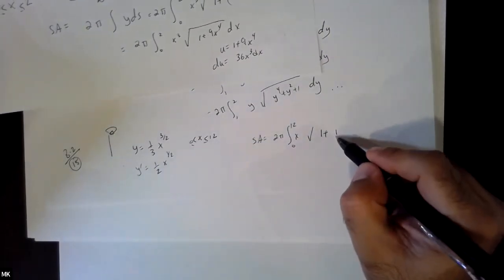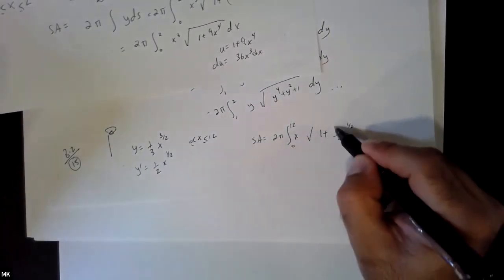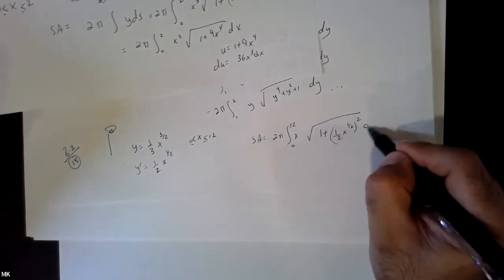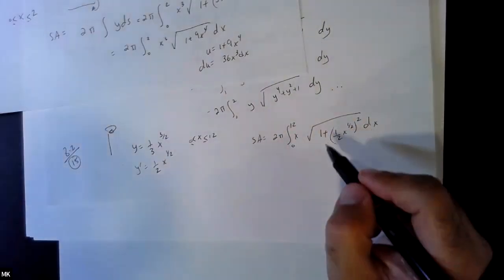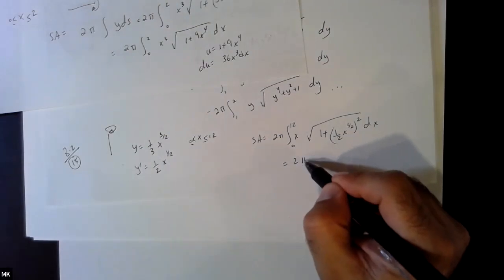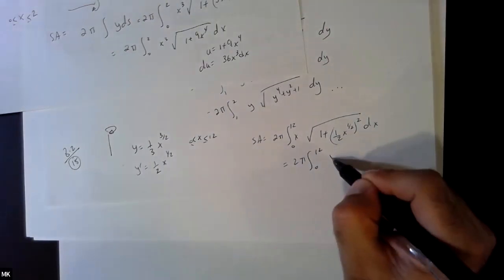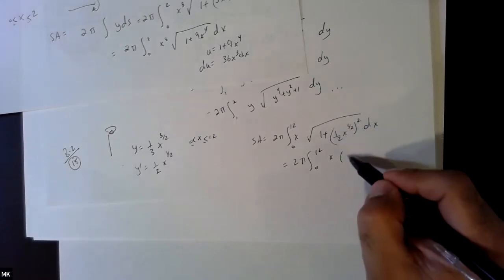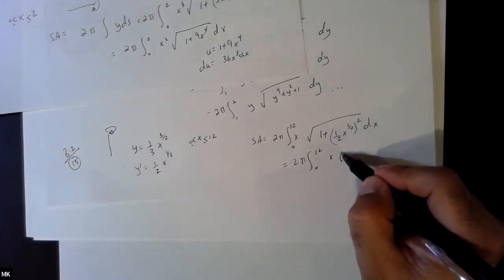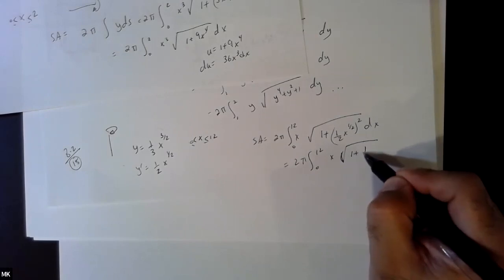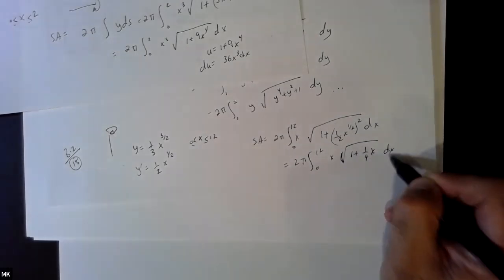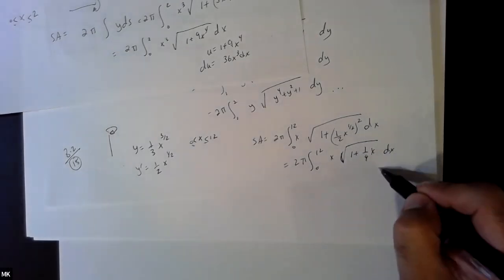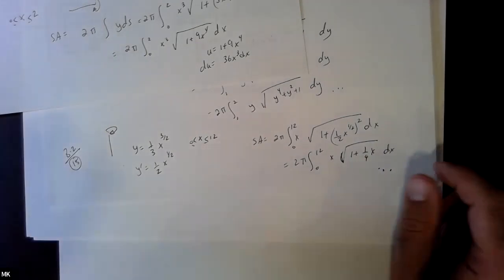So 1 plus 1/2 x to the 1/2, squared quantity, dx. One half x to the 1/2 squared is 1/4 x, plus 1. A u substitution here can help you solve this.